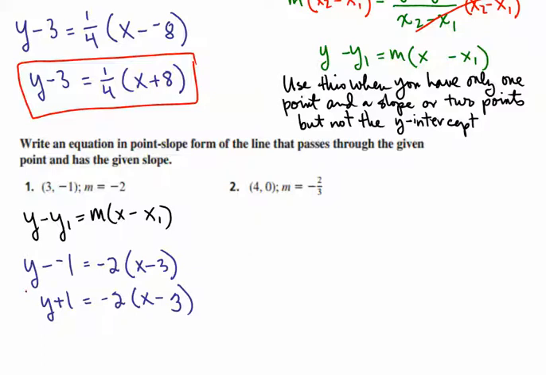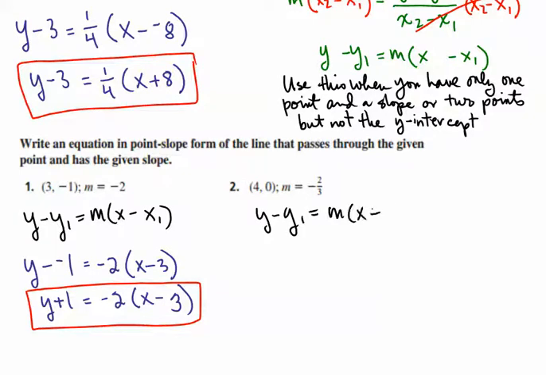So that's all we want to do in the first step in this section, is to be able to take a point and a slope and put it into this point-slope form. Alright, with the second, y minus y1 is equal to m times x minus x1, and we start to plug in.